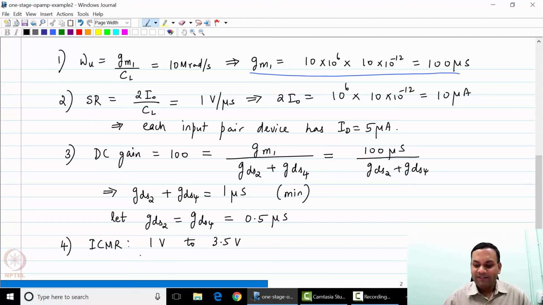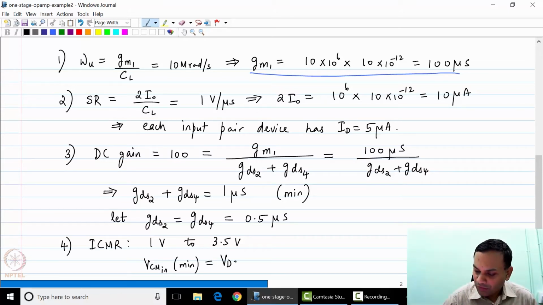Please remember that for the one stage op amp we have seen so far, the minimum input common mode is equal to VD sat of M0, which is the current source, plus VGS of the input transistor.